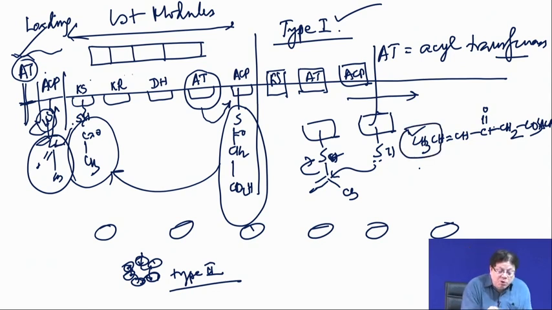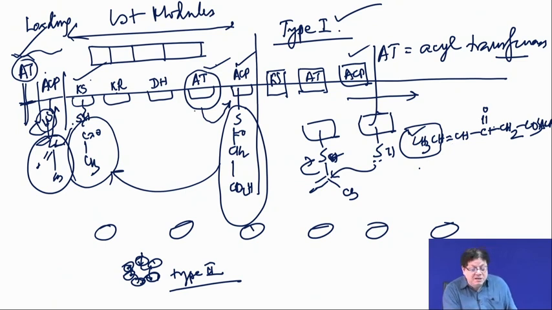Now, in the first module, every module should have ketosynthase and acyl transferase and ACP, that is mandatory. In the first module I see that there is a ketoreductase and dehydratase, that means after the first reaction a double bond is formed. In the second module I do not see any ketoreductase or dehydratase or anything.